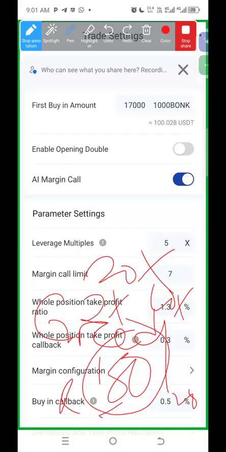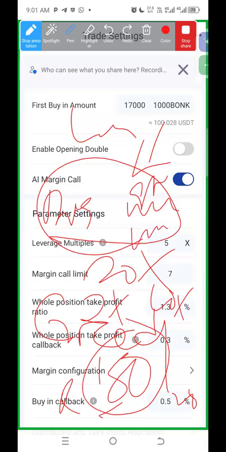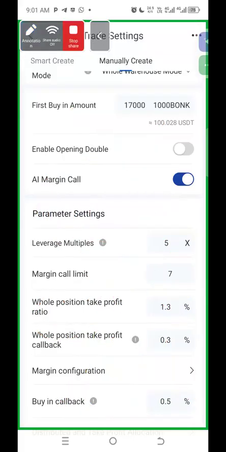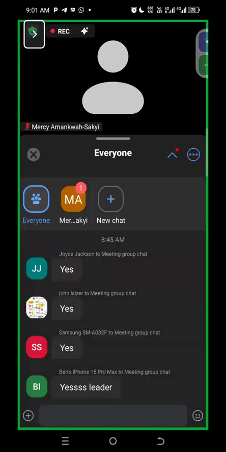It's your personal decision. 2x to 10x is okay. So leverage forms part of your risk management tools, because the higher your leverage, the closer your stop loss can be triggered or margin calls can be hit. Do you get it? Let me know if you get what I'm saying.